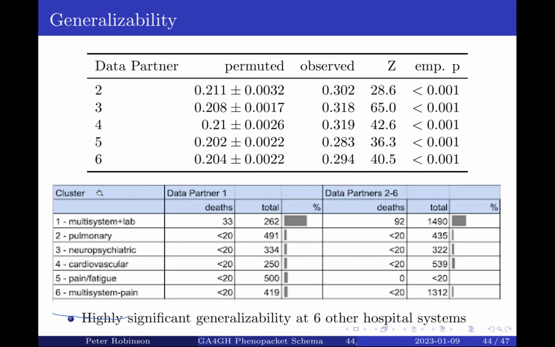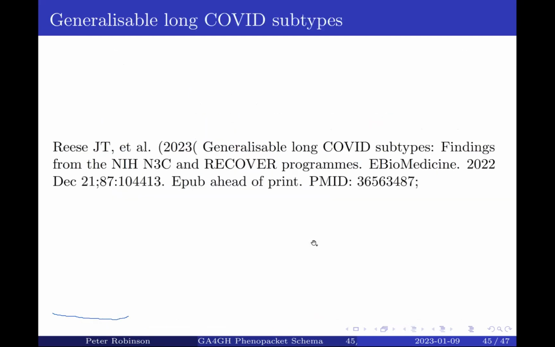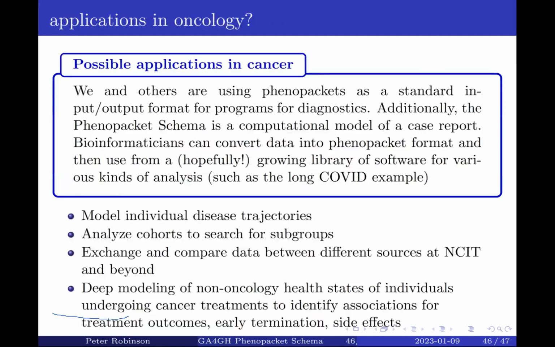And when we looked at other covariates, for instance, mortality that we hadn't used for clustering, we also saw that there was some degree of generalizability in that cluster 1 showed the highest mortality in all hospitals. So I'm gonna stop there and maybe take questions.